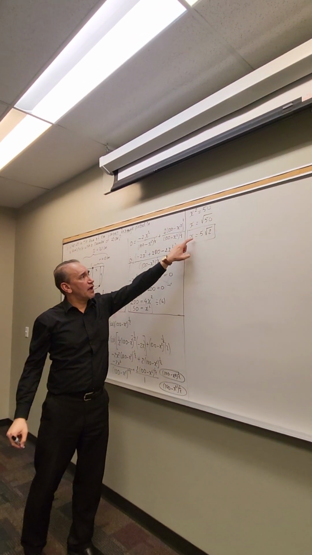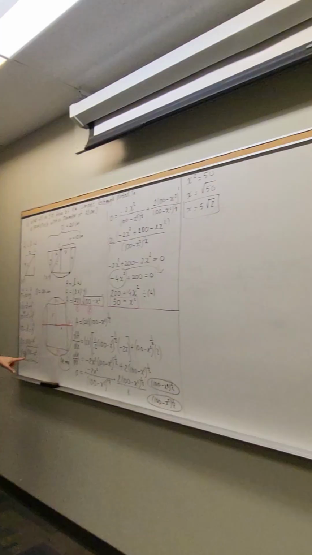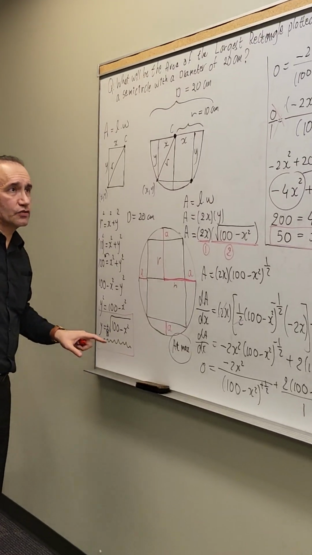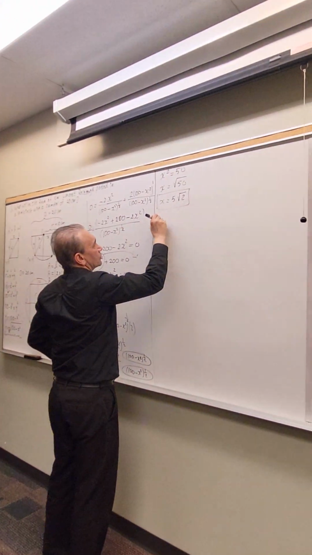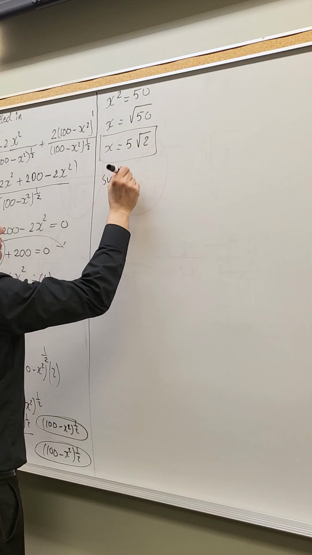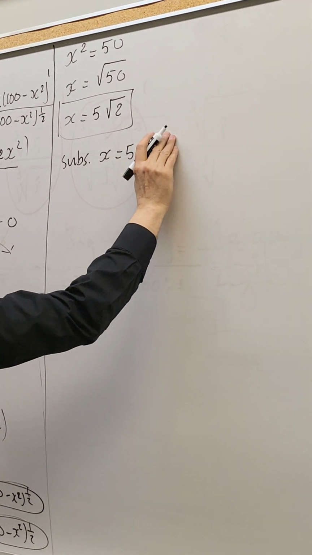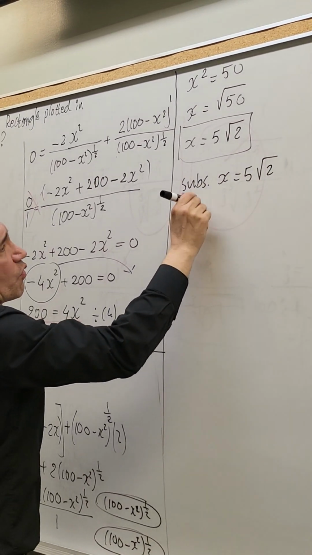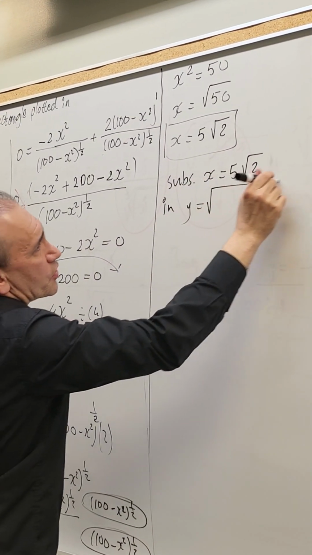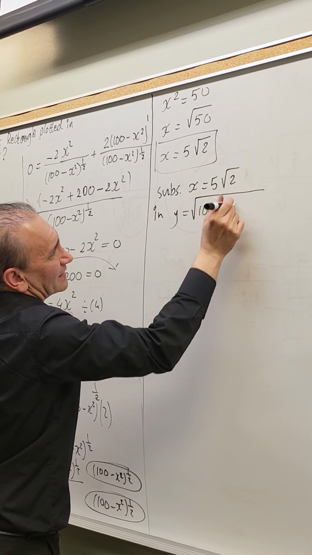We substitute the value of x from here inside this to get the value of y. So we say that we substitute x equals 5 square root of 2 in y is equal to the square root of 100 minus x squared.